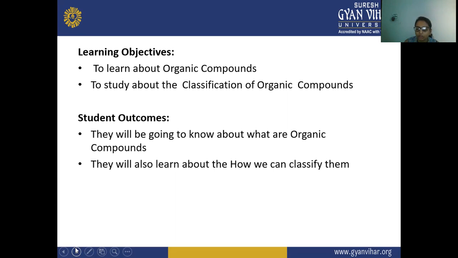We will also look at what the chemical formula, the structural formula and the priority are, and how we can name them. All this we are going to study in this topic, the classification and the nomenclature. In the classification, we will classify the organic compounds, and in the nomenclature portion, we are going to name the organic compounds. So let's start the topic.